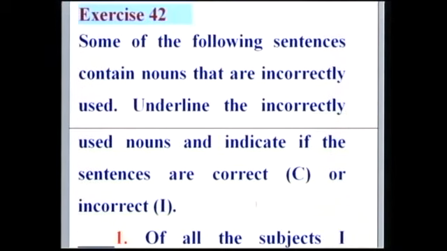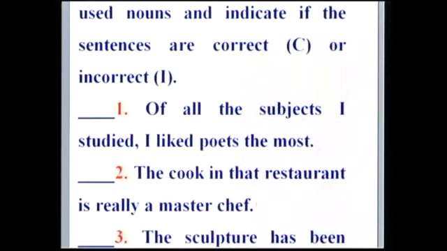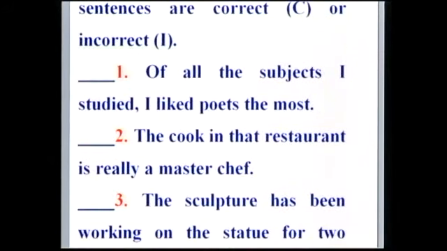طيب some of the following sentences contain nouns that are incorrectly used. مستعملين غلط. Underline the incorrectly used nouns and indicate if the sentences are correct or incorrect. طيب of all the subjects I studied, I liked poets the most. طيب poets يعني شعراء right؟ لكن I liked أنا بتكلم على subjects.